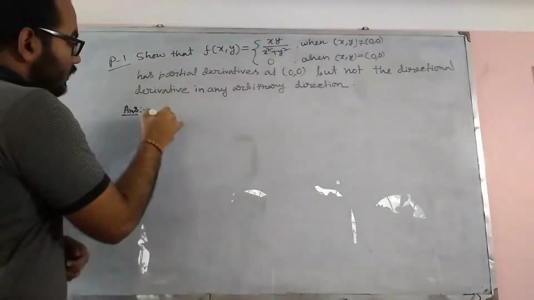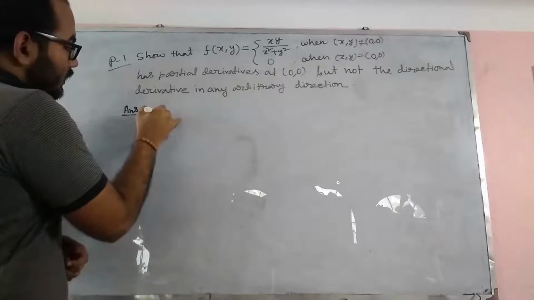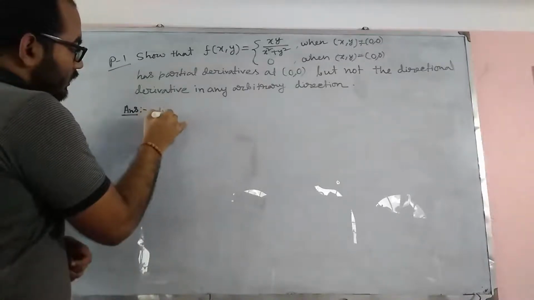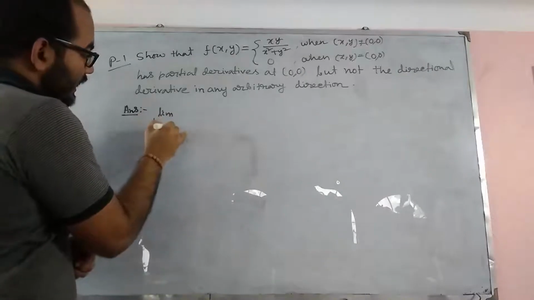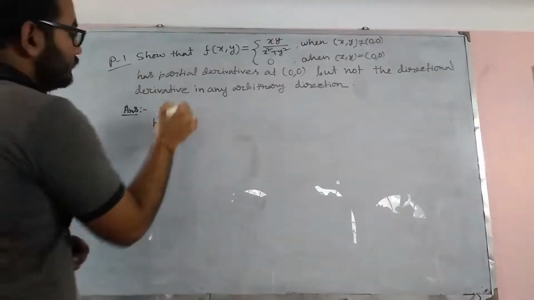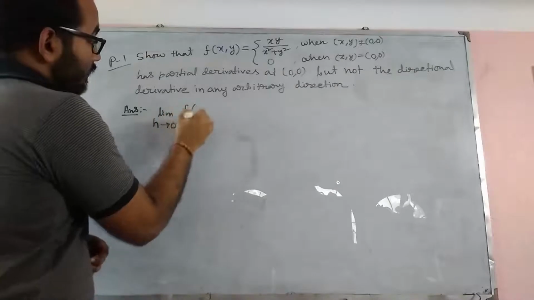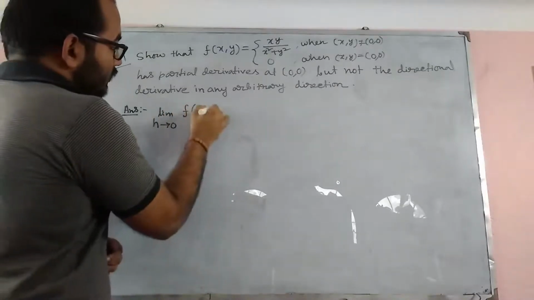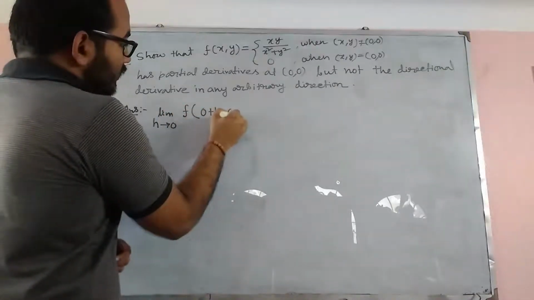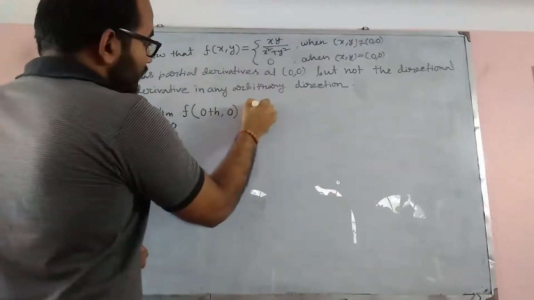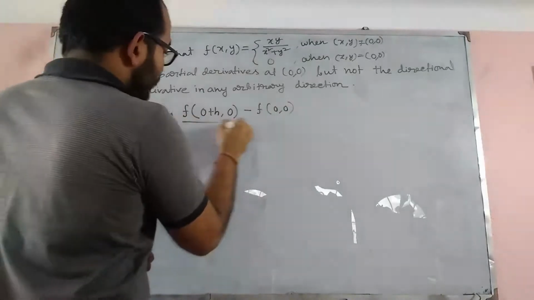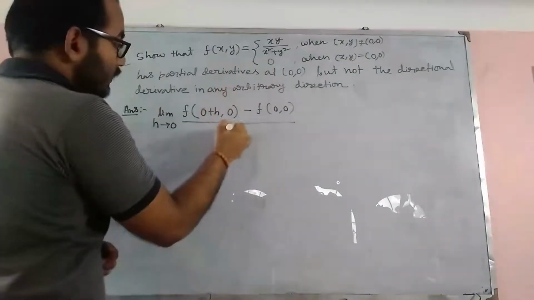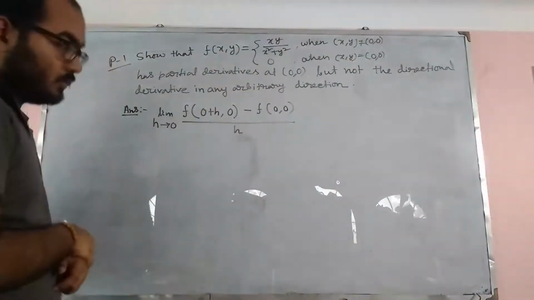See, limit h tends to 0 of f of 0 plus h, 0 minus f of 0, 0 by h.